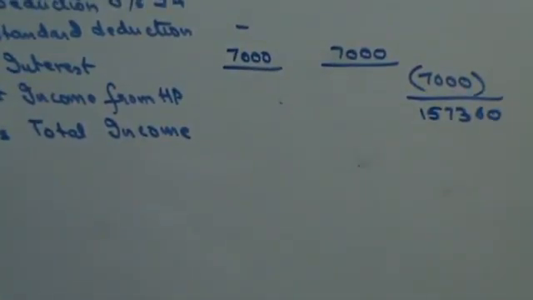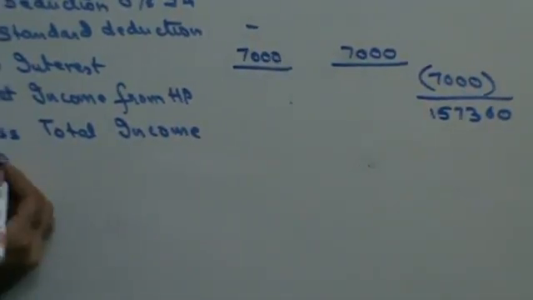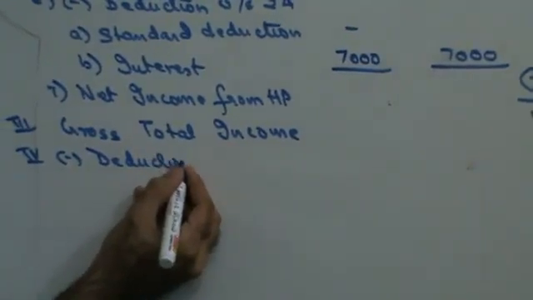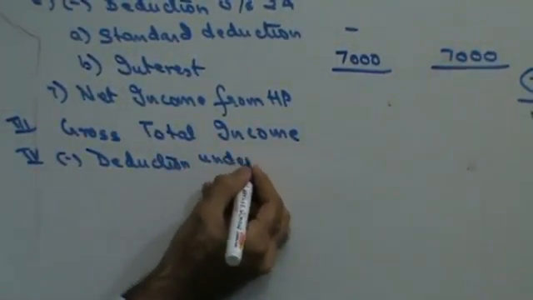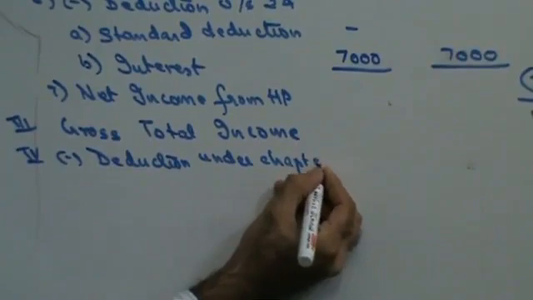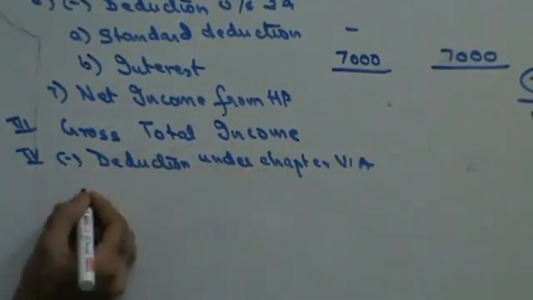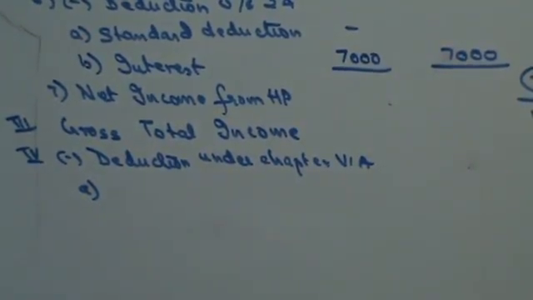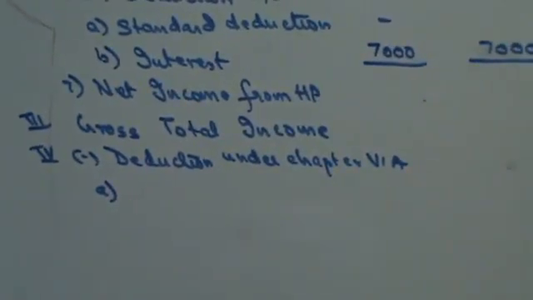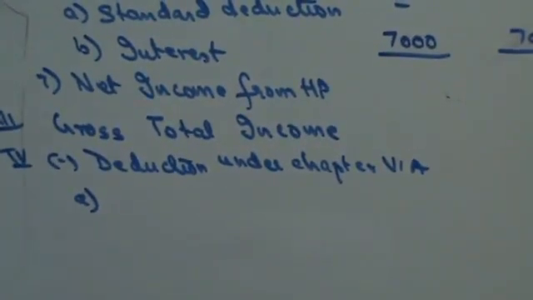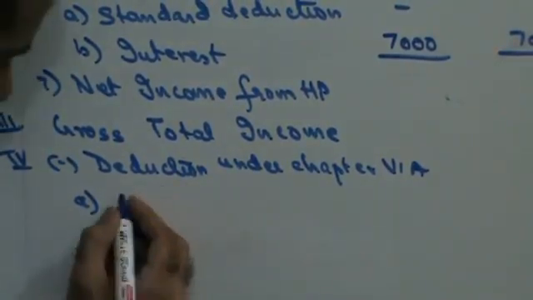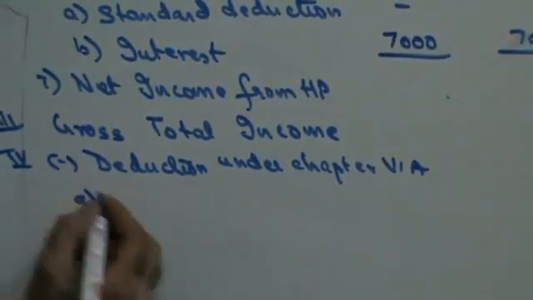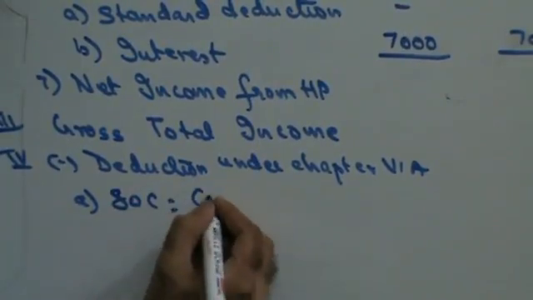Next, less deductions under chapter 6A. Now let's see what all has he done. The only thing the employee has done is that he has contributed to RPF, Recognized Provident Fund. That's your 80C investment.